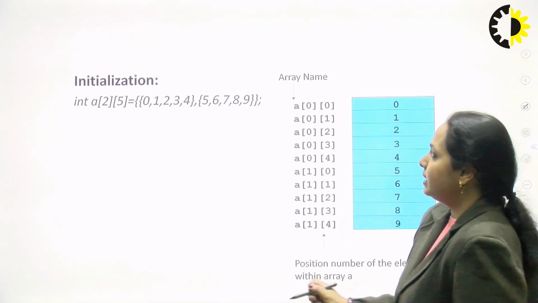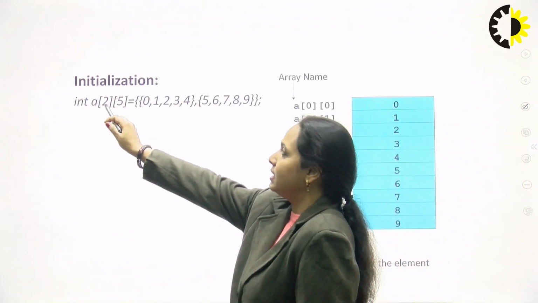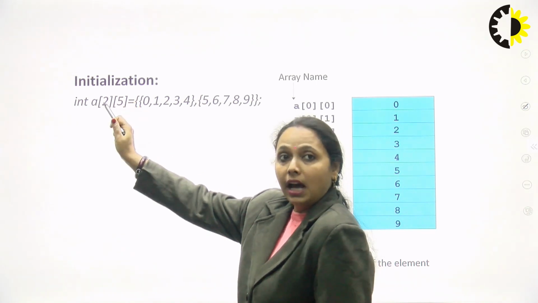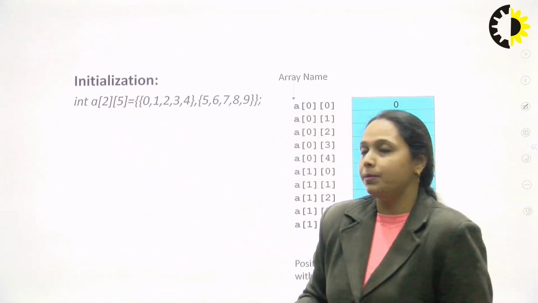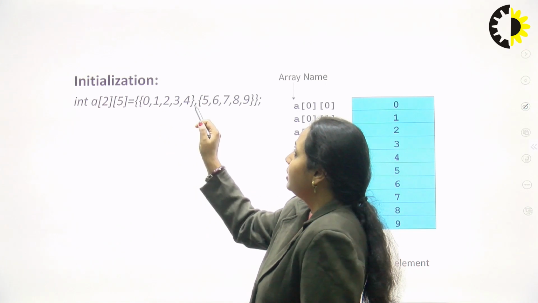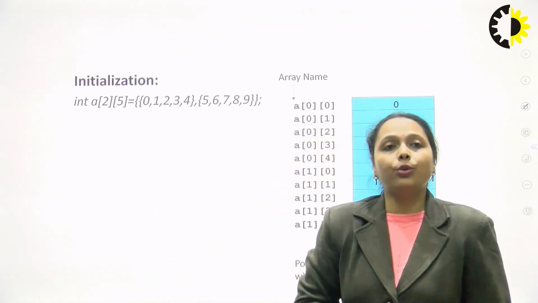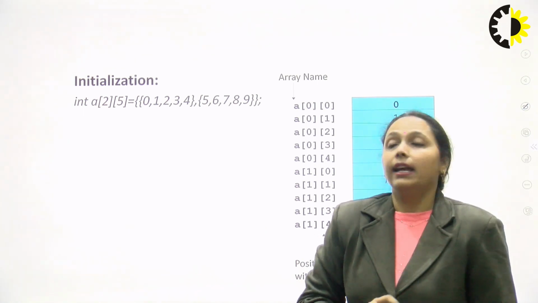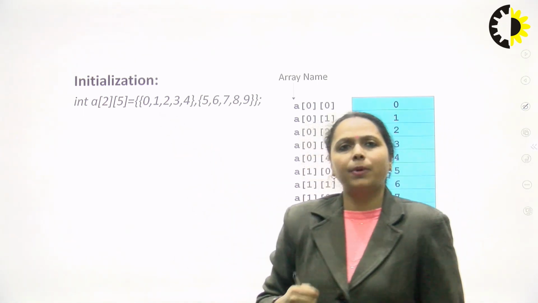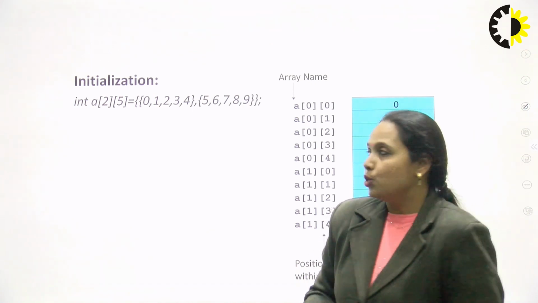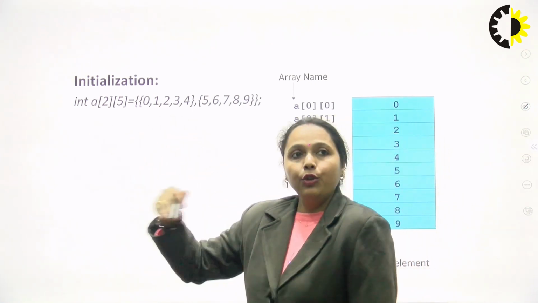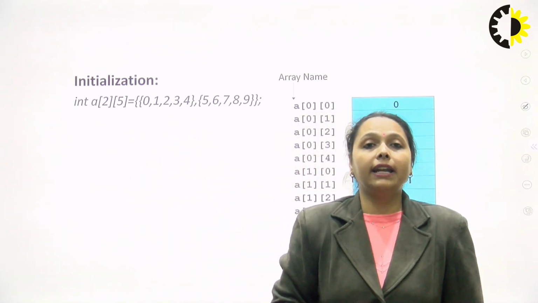How to initialize? In the same way, that is [2][5]. But now as we have two different subscripts, we can separate the data row wise, or if we do not separate the data row wise, in that particular case, data is by default stored row wise. So it is your choice if you want to segregate data row wise.